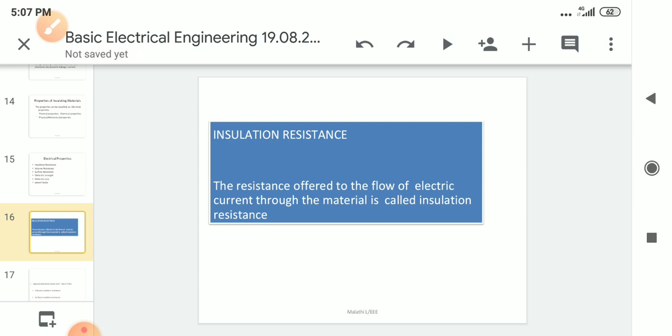So first of all, see what the insulation resistance is. The resistance offered to the flow of electric current through the material is called insulation resistance. This is a very important property.